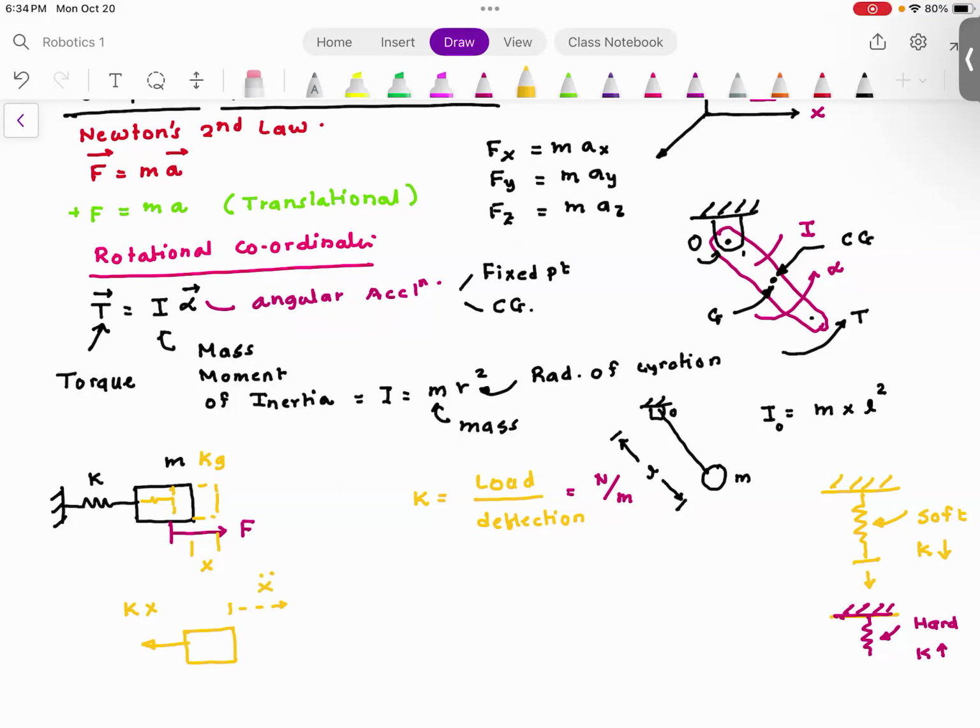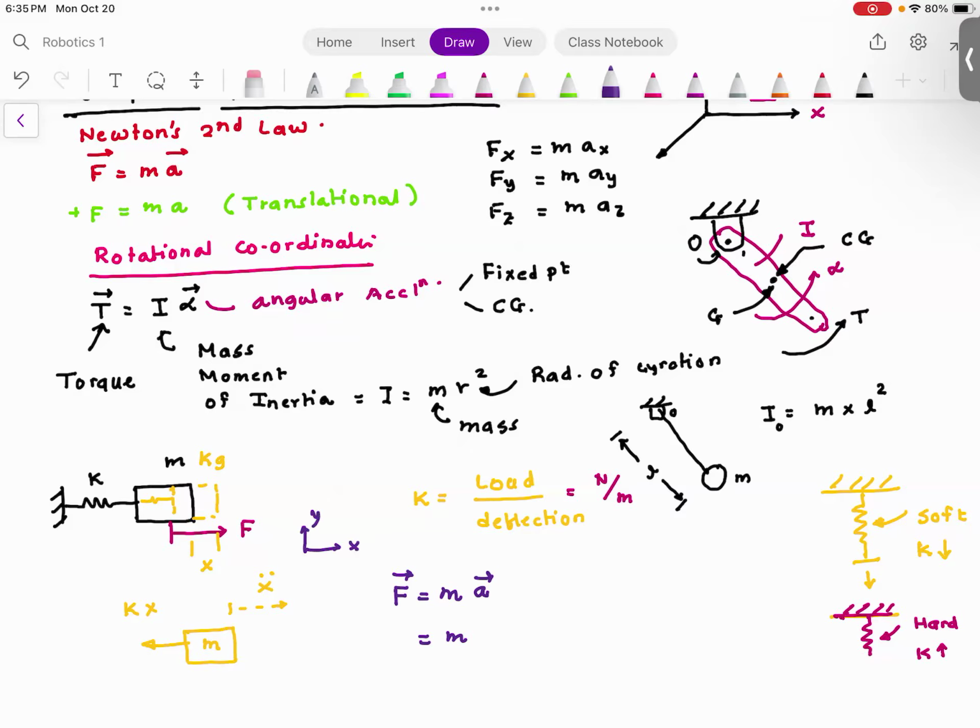You give it a jerk, you pull the mass, apply the force and remove the force. The mass is trying to move forward and the spring is trying to push it back. So on this mass, you have the spring force acting in the left direction. I'm going to apply force equals mass times acceleration. Mass is m, acceleration is in the positive x direction.